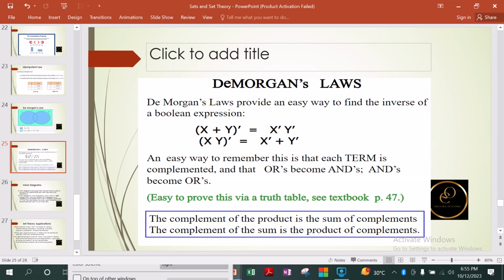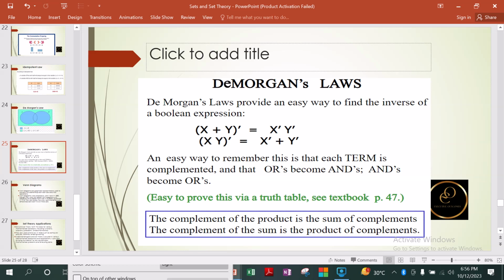When you have x multiplied by y, complement, it is the same as x complement or y complement. An easy way to remember this is that each term is complemented, ORs become ANDs and ANDs become ORs.